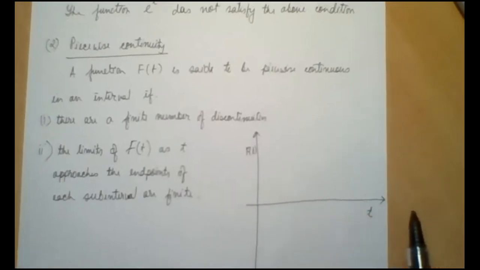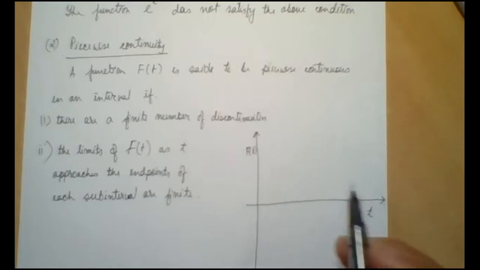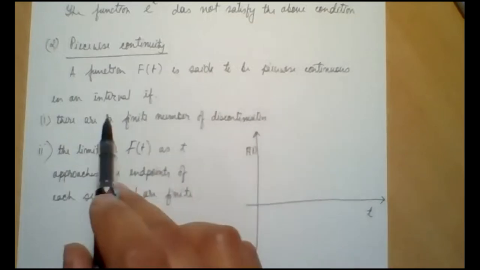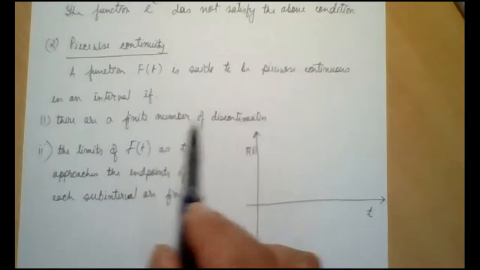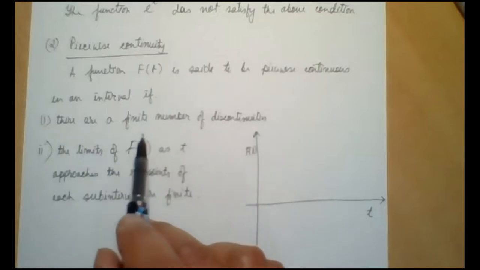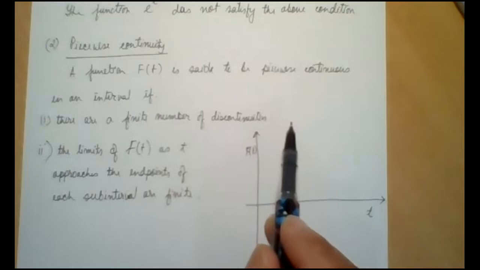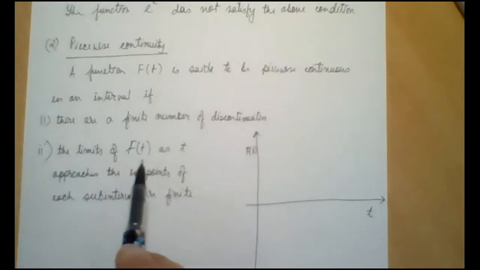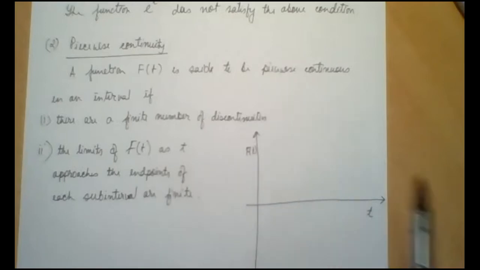Okay, so when is a function said to be piecewise continuous? A function is said to be piecewise continuous in an interval if inside that interval there are only a finite number of discontinuities of the function. Number 2, the limits of the function as t approaches the endpoints of each subinterval are finite.